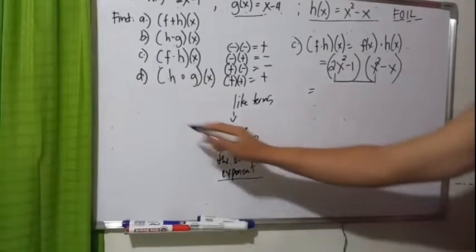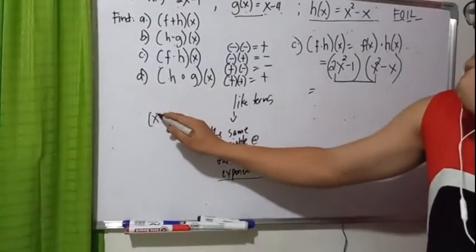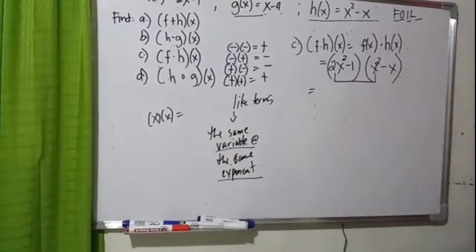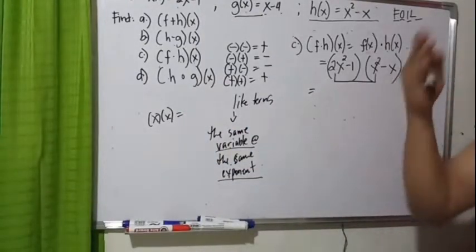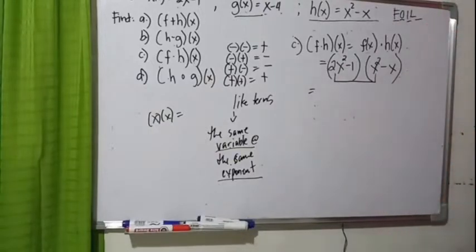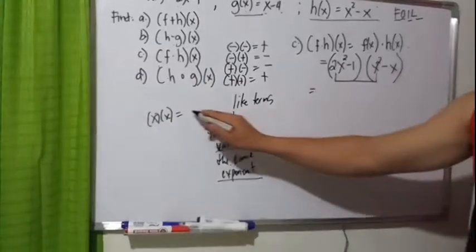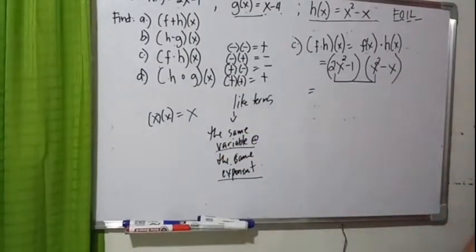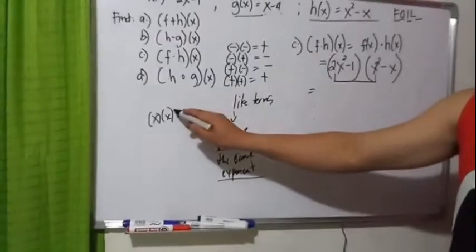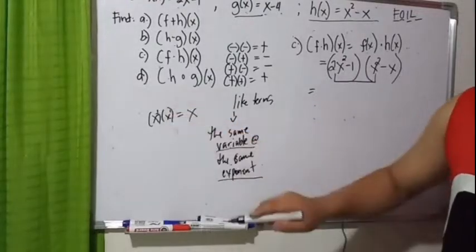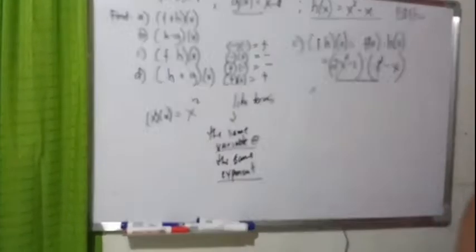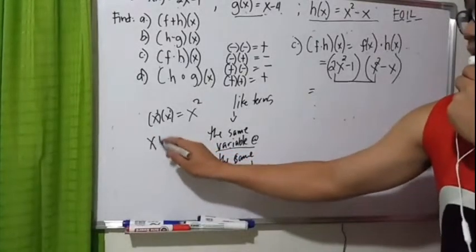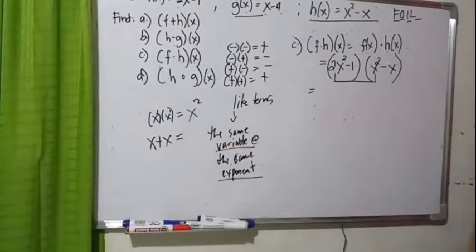So for example, x times x, what is the answer? So when you multiply variable, just add the exponent. Okay, so that is x, copy the variable, and add the exponent. So ano yung exponent natin? So understood na may 1 dito, may 1, so that is x squared. How about, iba yung x plus x equals.